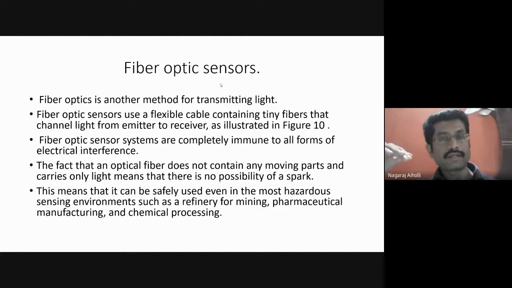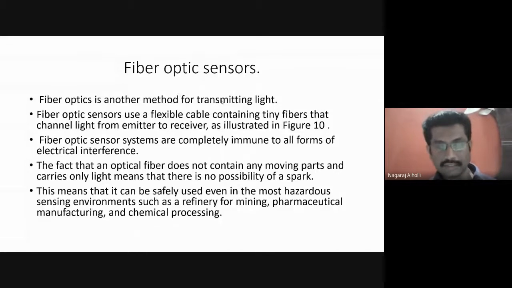But if the refractive indices are arranged in such a way that there is total internal reflection, it remains in the same medium, it doesn't go to the second medium. It gets reflected within the same medium, and this principle is called total internal reflection. That is the working principle of these optical fiber cables.